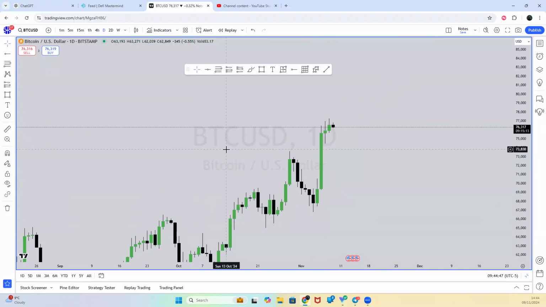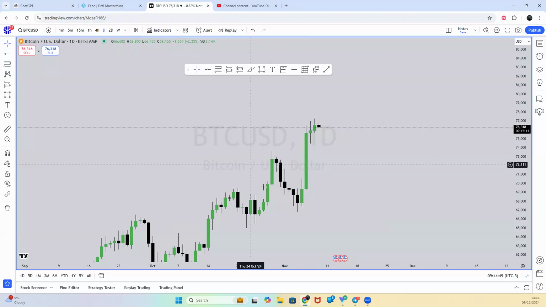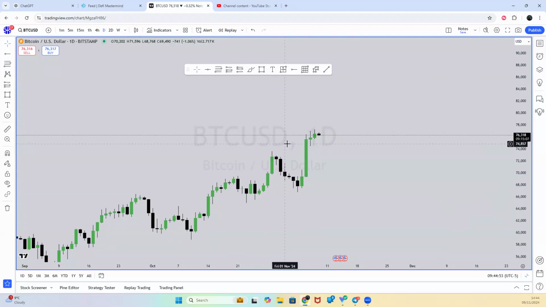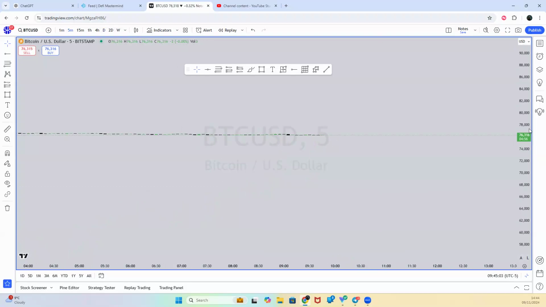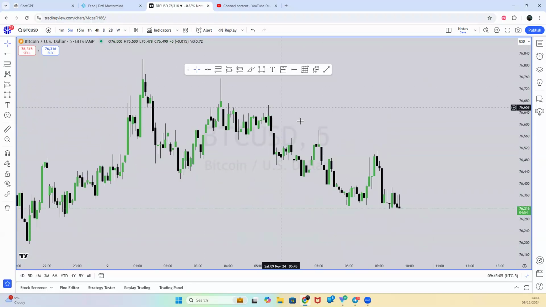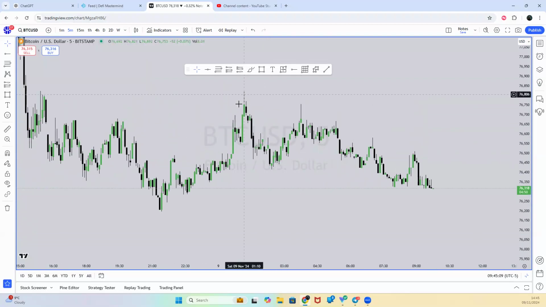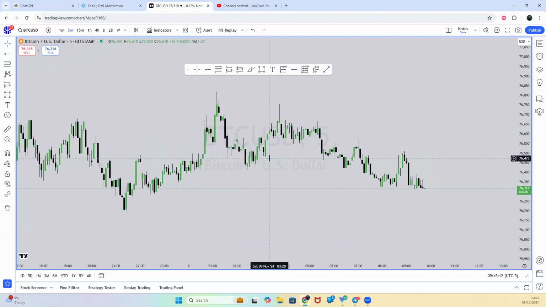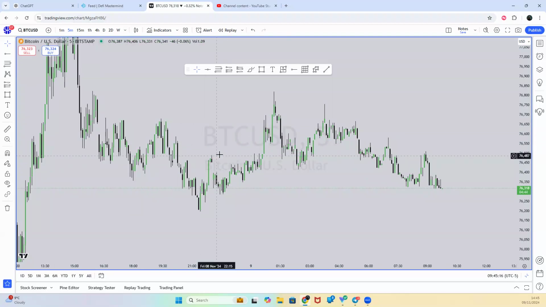I tend to give more weight to a daily candlestick that's showing a massive wick, or an engulfing candle or momentum candle, than to a 5-minute candle that shows a big wick or engulfing. That's not to say that these don't work, but we're getting a lot more information in a daily candle than in a 5-minute candle.